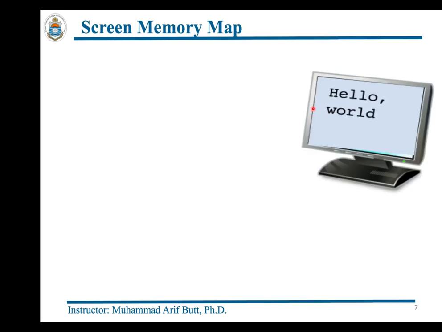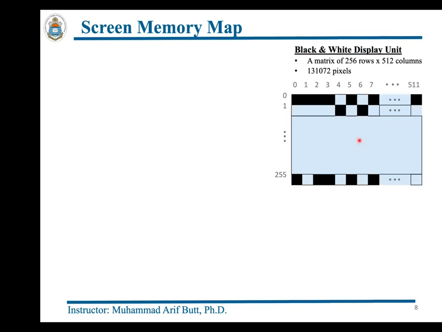Well, dear students, this is how we are used to thinking about our display units. And this is how the Hack computer looks at the display unit, which is our screen chip.